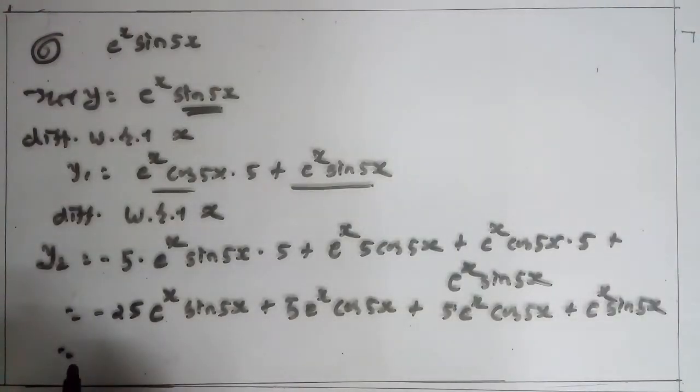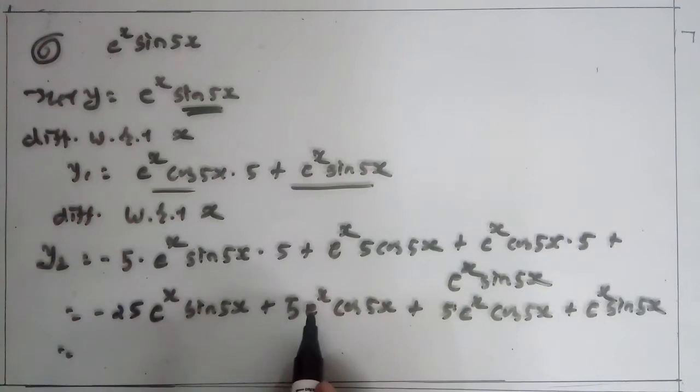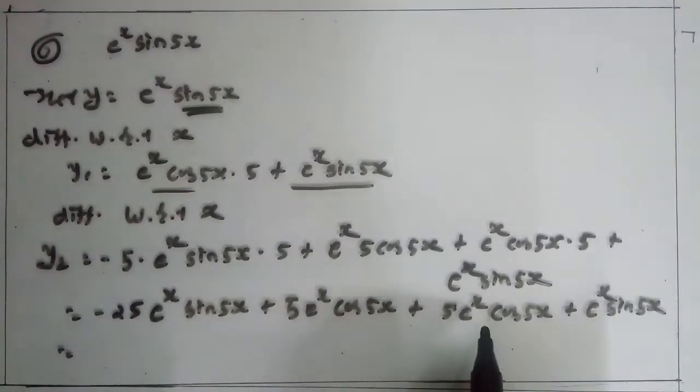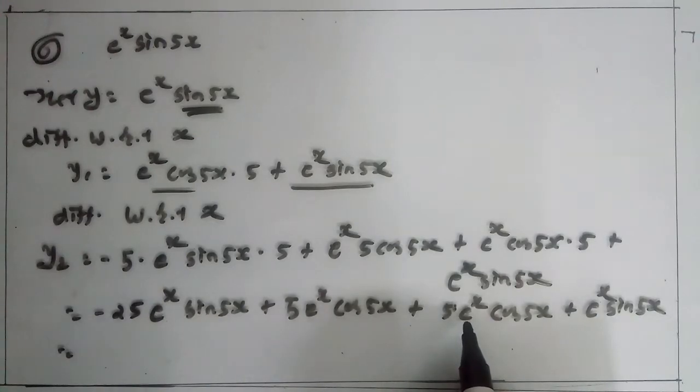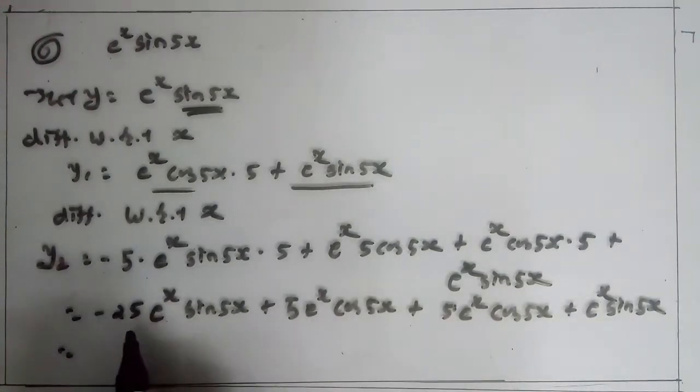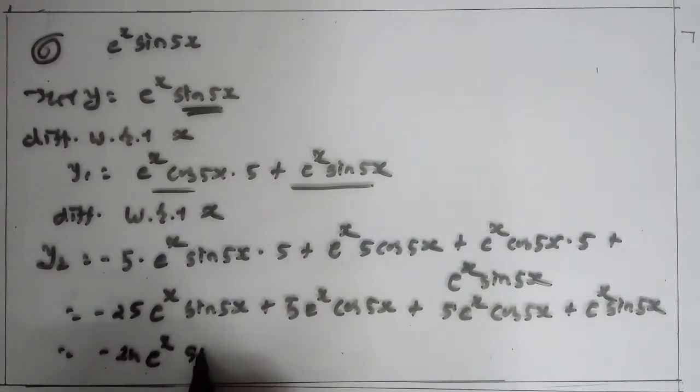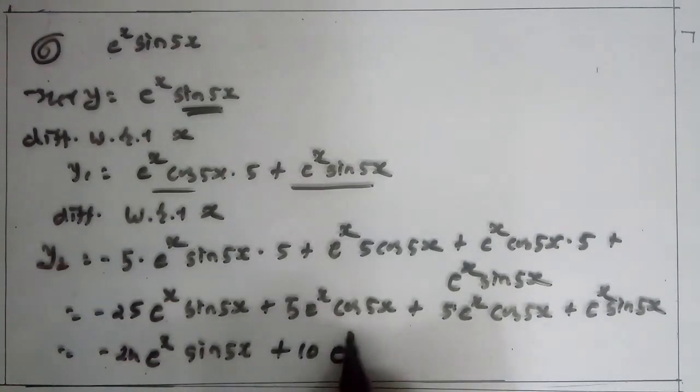So now simplify this. 5 e^x and 5 e^x become 10 e^x, and this becomes minus 24 e^x sin 5x plus 10 e^x cos 5x.